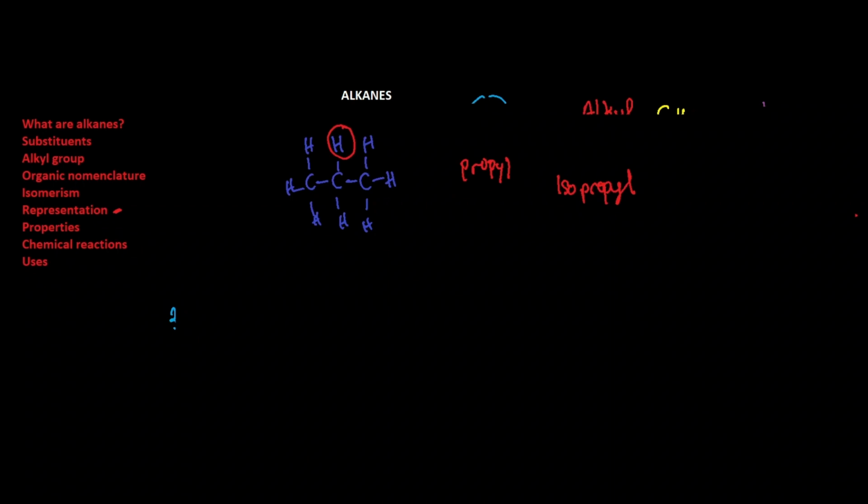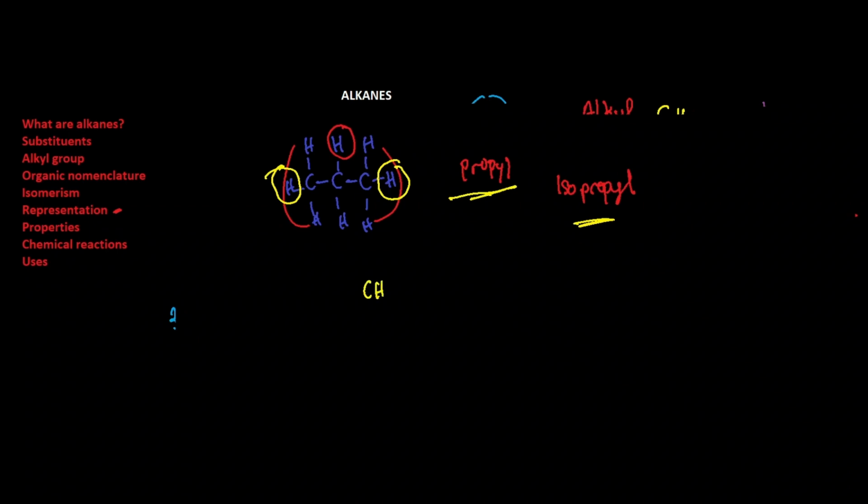And this is because the environment from which this hydrogen has been removed is different from these two environments. However, if we were to eliminate the hydrogen by removing the hydrogen here or any of the hydrogens in this environment, what we will form would be propyl and not isopropyl.